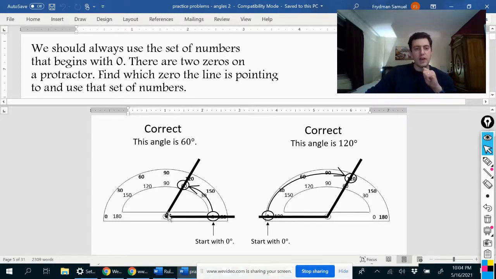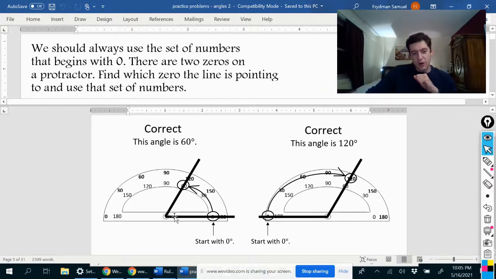So take a look at this example over here. As we said before, there are 2 zeros on a protractor. Find which 0 the line is pointing to and use that set of numbers.